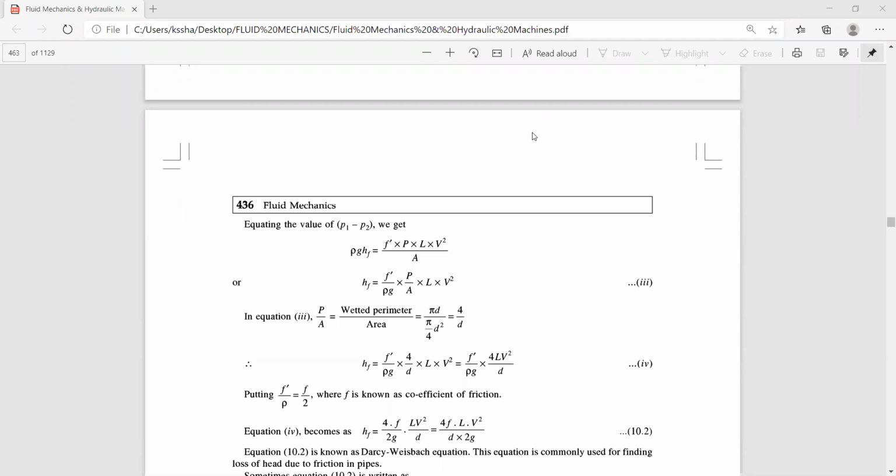So shall we move to the next part? Because this is a very important derivation and almost a certain question for 10 marks from this module. Okay, okay. So now we will go to the next part.